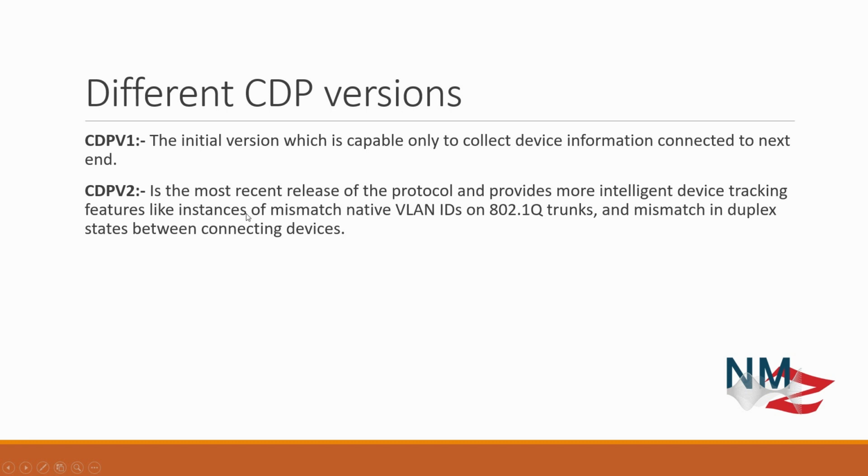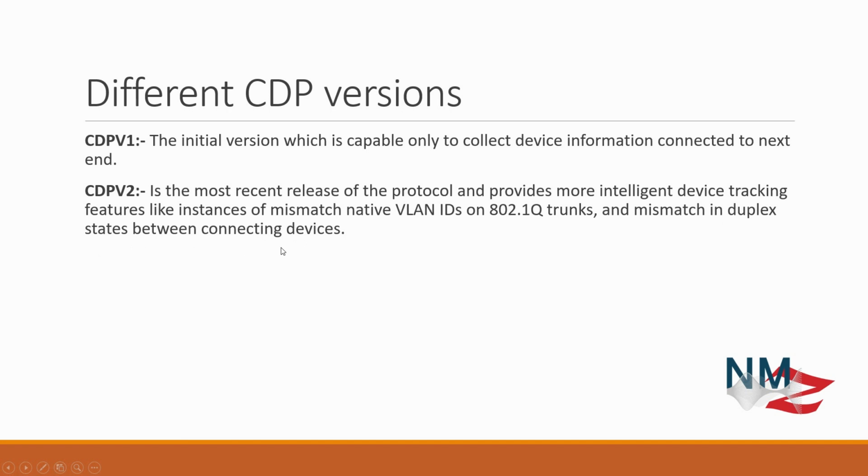Version 2 is the newer version, and it also sends extra information like VLAN IDs, and reports any mismatch problem. As you saw in previous videos, when we add two ports in different VLANs on two sides, we receive a message that there is a mismatch in the native VLAN, and it also shows a mismatch of the duplex state of the connection.